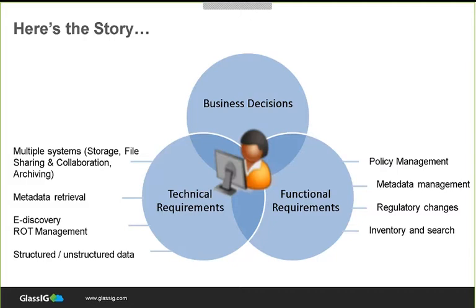So we've got a bunch of technical requirements that in some cases are mutually exclusive, and sometimes they sort of contradict each other. Meanwhile, we've got some functional requirements, which are really the key drivers.